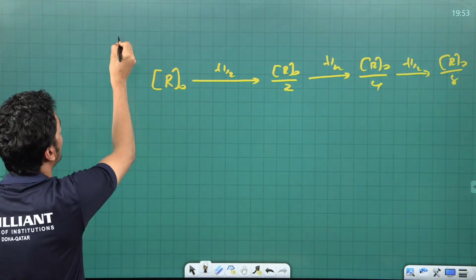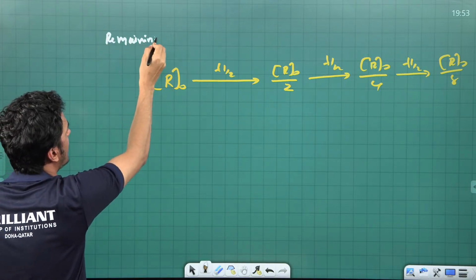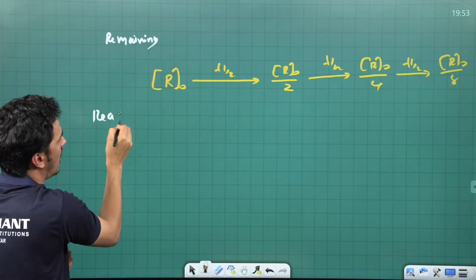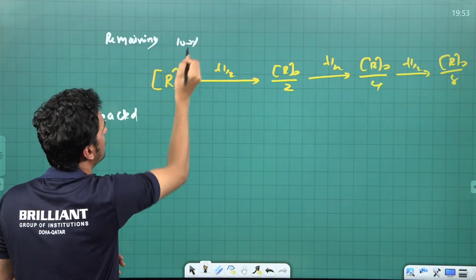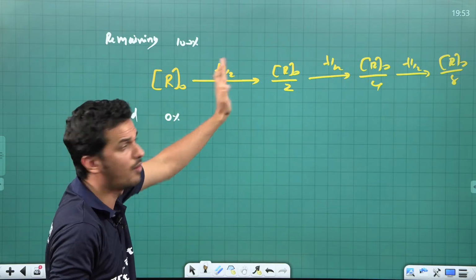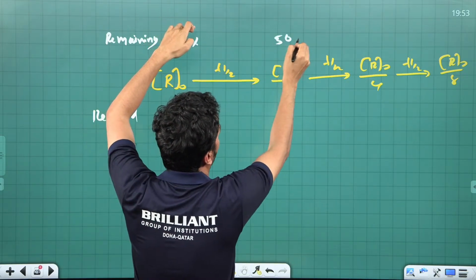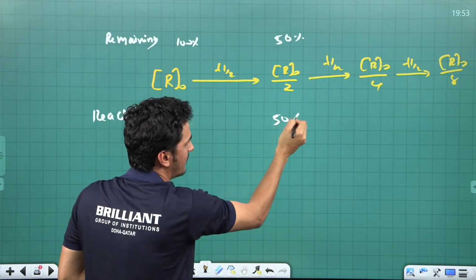Now just think about it. Here the remaining concentration is what you are representing on the top: how much remains and how much reacted. Initially you take 100%, and at that time nothing has reacted, 0% reacted. But after one half-life, 50% remains and 50% reacted.